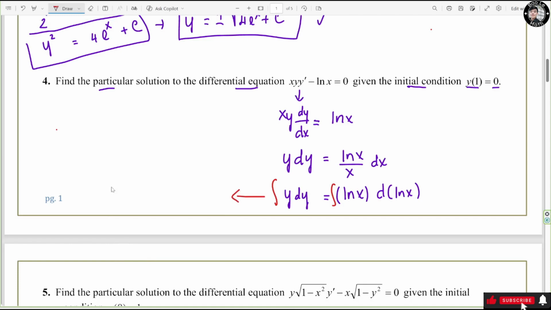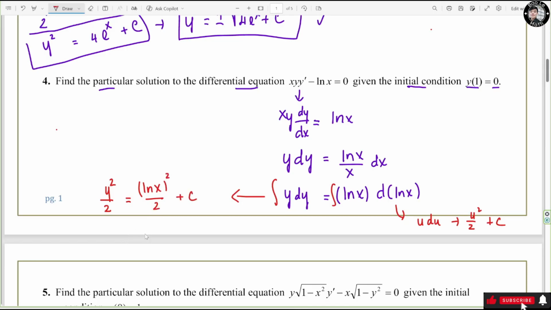You have y squared over 2 equals u du. If you integrate this, it's going to be u squared over 2 plus c, where u equals ln x. So you have (ln x) squared over 2 plus c.